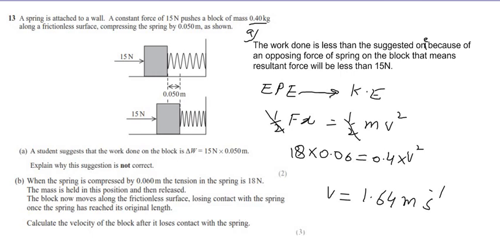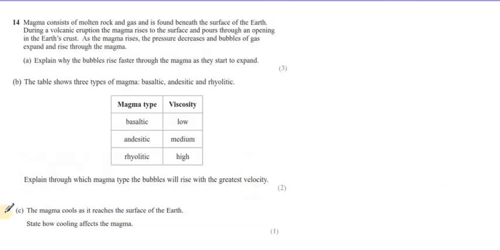Okay, let's see the next question. Magma consists of molten rock and gas, and is found beneath the surface of the earth. During a volcanic eruption, the magma rises to the surface and pours through an opening in the earth's crust.